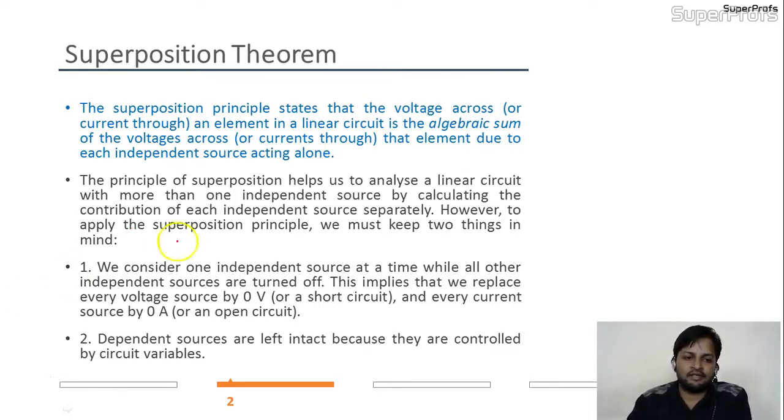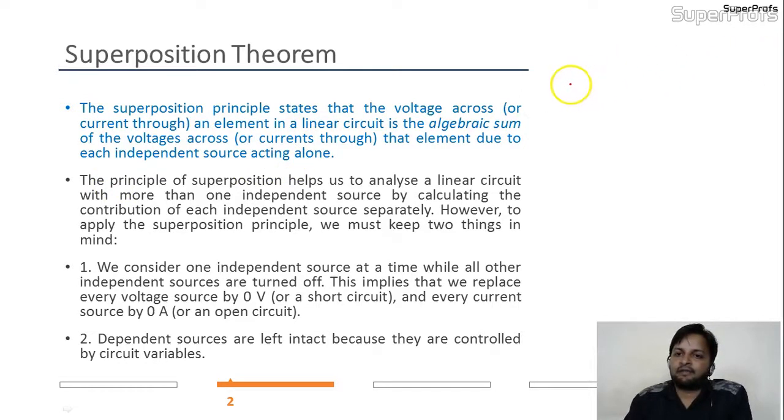You can see here, the superposition principle states that the voltage across or current through an element in a linear circuit is the algebraic sum of the voltages across that element due to each independent source acting alone.